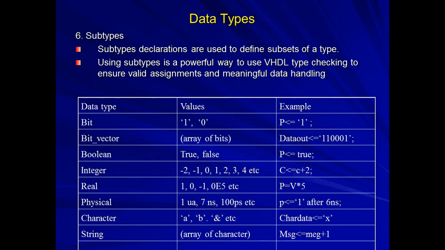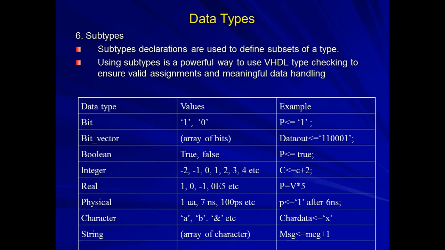Let's see data type, value, and example. Bit data type has value 1 and 0. As an example, P is assigned 1. Bit underscore vector has value array of the bits, meaning more than one bit. Example: data out is assigned 110001.